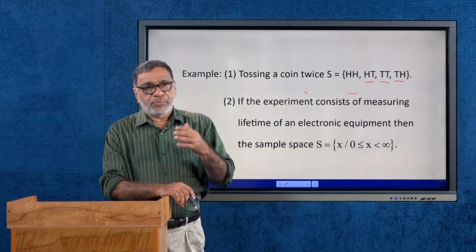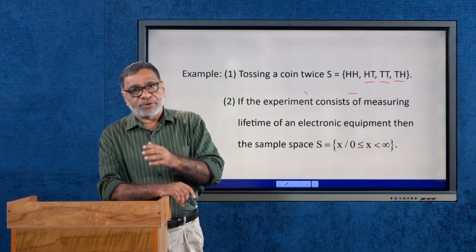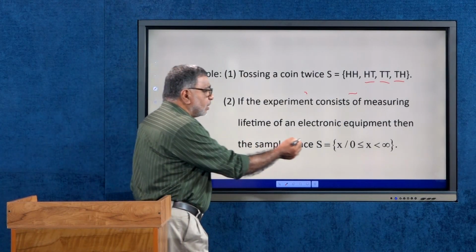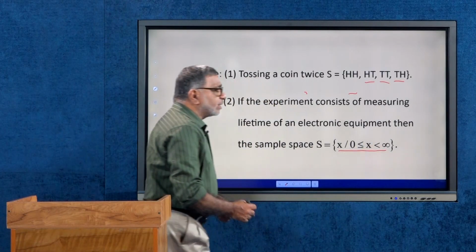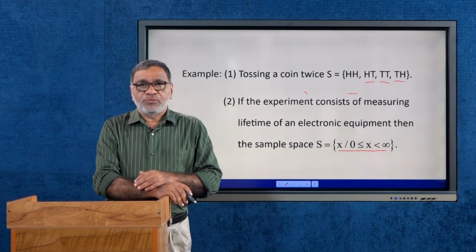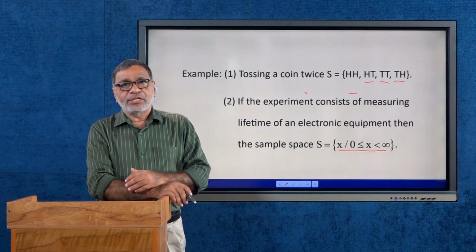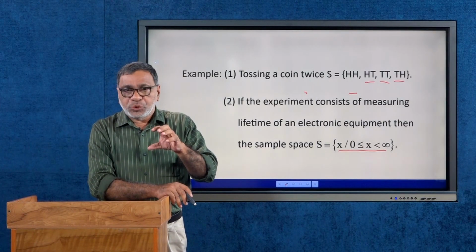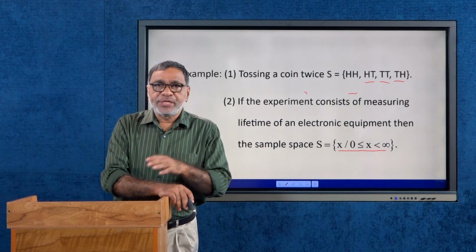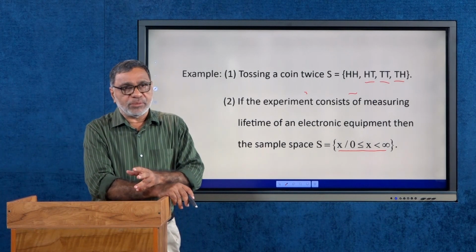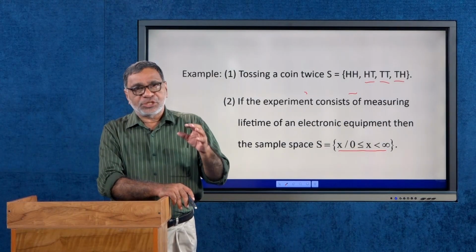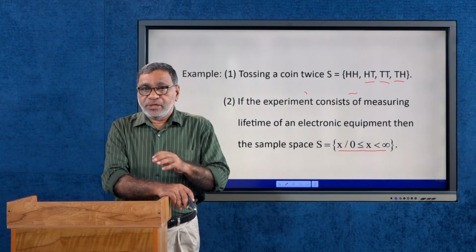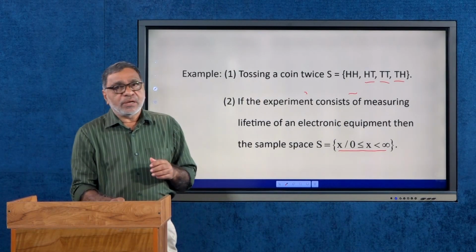So, the sample space consists of any real number x, where x is a positive valued quantity, 0 less than or equal to x less than infinity. These are two examples of sample spaces corresponding to two random experiments. The first one consists of 4 outcomes, and the second is a sample space consisting of an infinite number of outcomes.